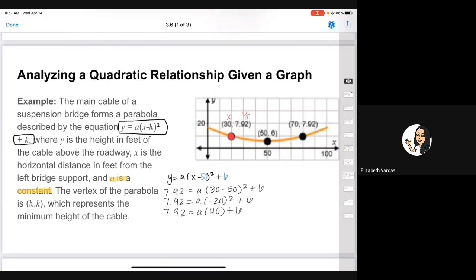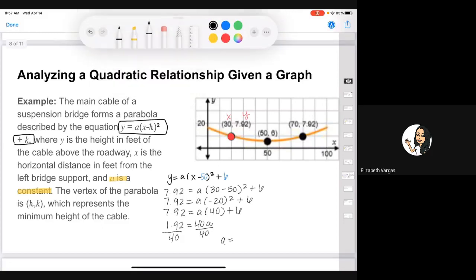Subtract 6 from both sides: 1.92 equals 400a. Divide by 400 on both sides to find my a. a is now equal to 0.0048.